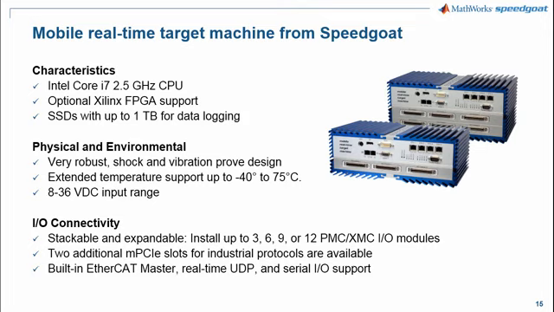The mobile real-time target machine provides high performance in a compact form factor. Its rugged, fanless design and the extended temperature range support makes this shock and vibration-proof machine an ideal choice for in-vehicle and other mobile applications. The flexible I/O expansion concept supports multiple I/O layers, so up to 12 modules can possibly be installed into one single enclosure.